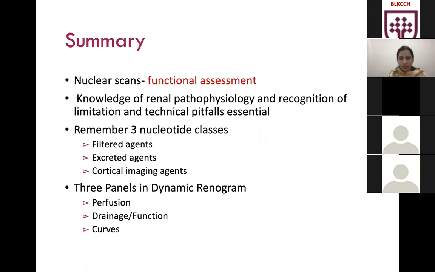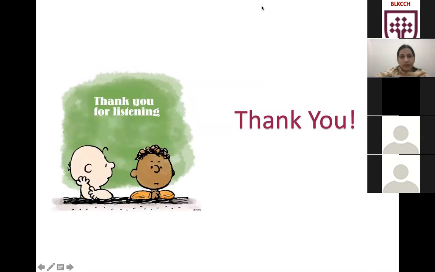And one needs to remember three classes of radionuclides: filtered agent, excreted agent, and cortical imaging agents. And in dynamic renogram, one needs to look at the three panels: perfusion panel, drainage or function panel, and the curves, and obviously the differential renal function. So this is all.